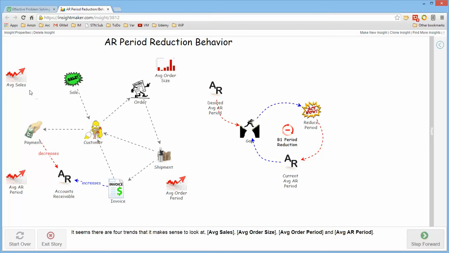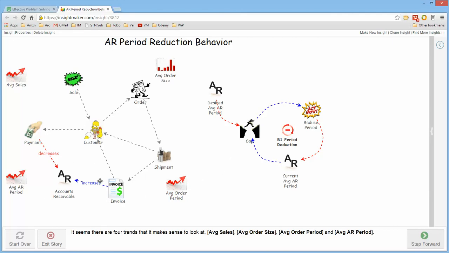If we look at what the average sales is on an ongoing basis, and what the order size is, how much the customer is ordering each time they order, what the average order period is, in other words, how often they order, and what the average accounts receivable period has been, how it has trended over time.